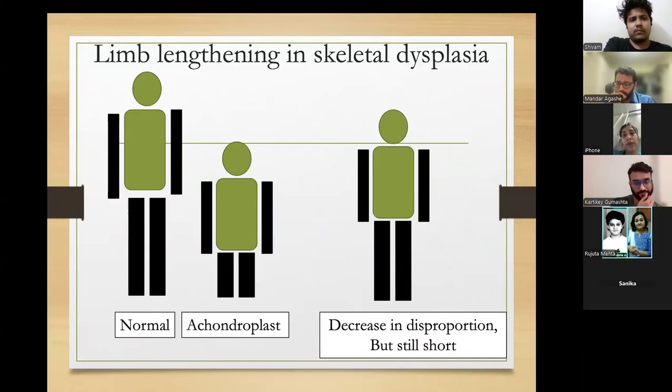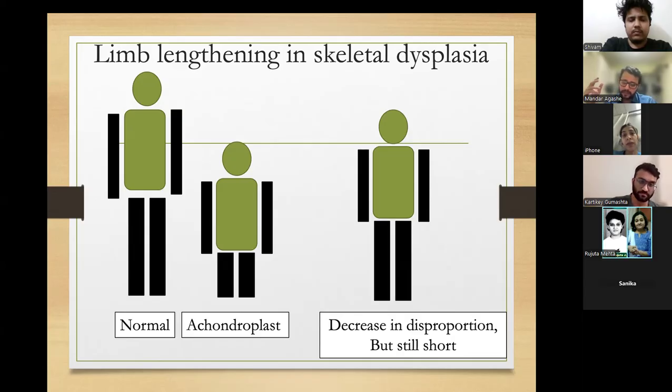As against that, the Little People of America society is strongly against lengthening for achondroplasia. So it's a very societal thing. But whatever it is, we should know the reason for doing lengthening. It is not cosmetic, that it is going to be a normal height.